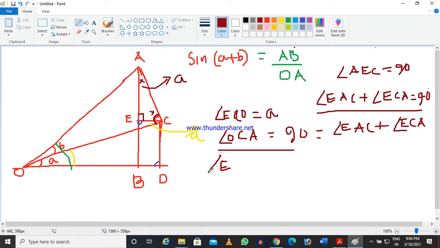ECO plus ECA. And on the right hand side it is EAC plus ECA.